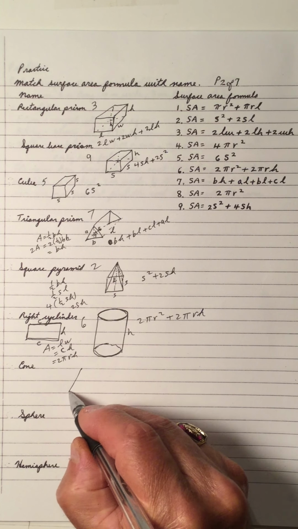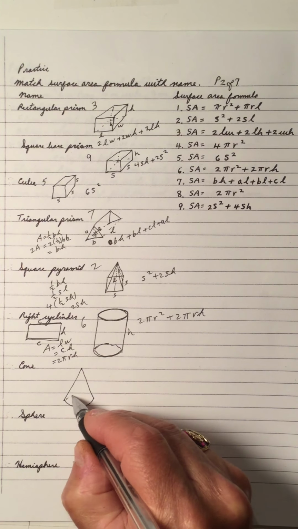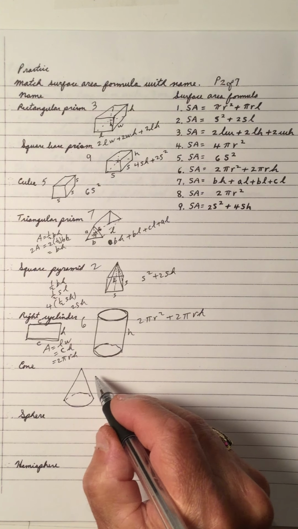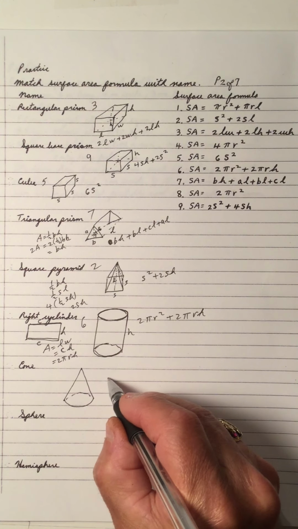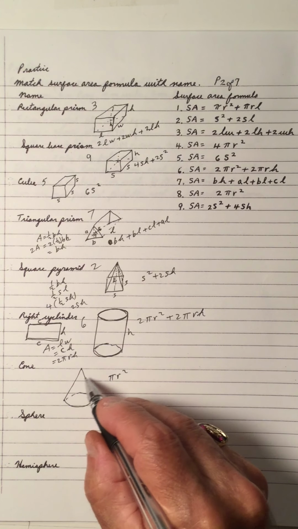A cone is like an ice cream cone, like this. And a cone has the surface area, the bottom of the cone is a circle, so it's pi r squared.